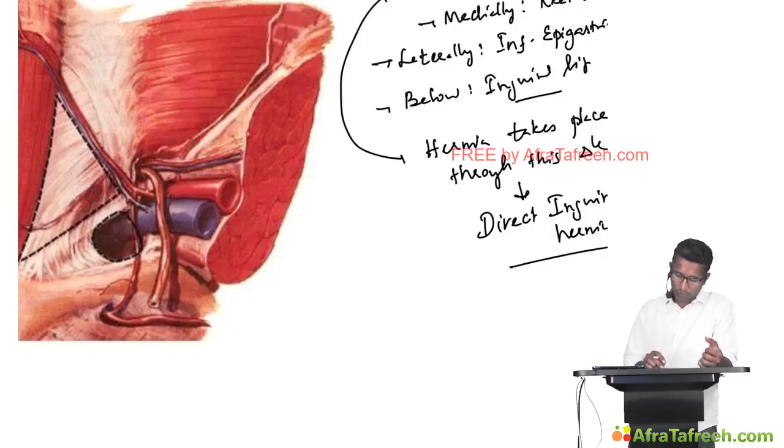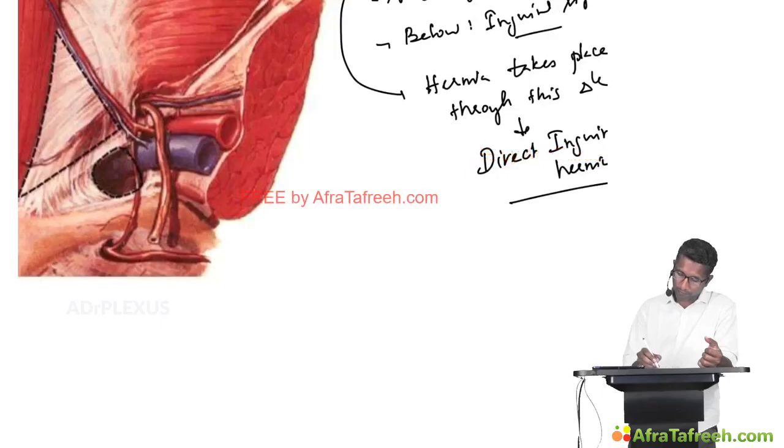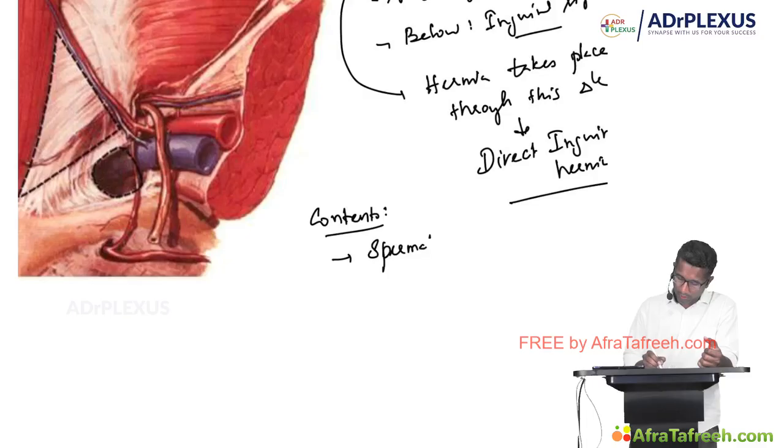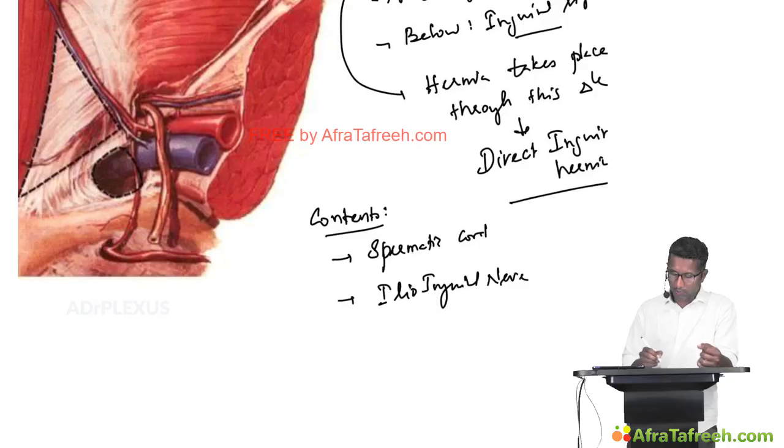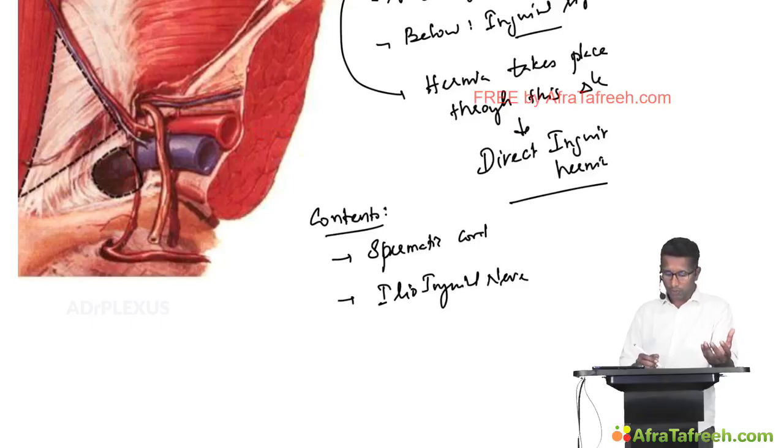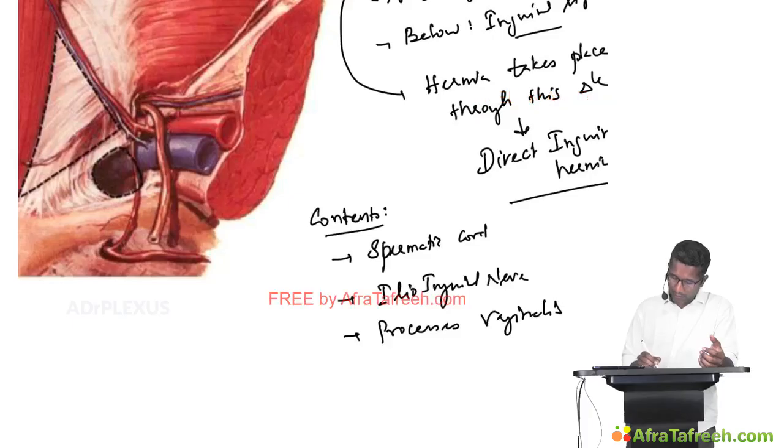For that we need to know the contents of the inguinal canal. The inguinal canal contains the spermatic cord, and it also contains the ilioinguinal nerve. Sometimes, along with the spermatic cord, in childhood there is a process called processus vaginalis, which can be seen patent in the canal.